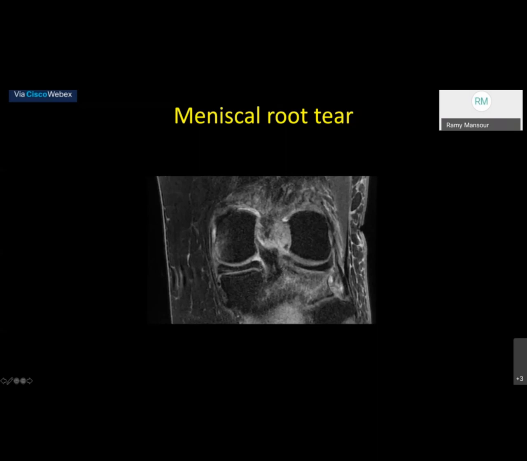You can see this is the root here of the medial, but you cannot see the root of the lateral, because the root of the lateral posterior horn has been torn. So you have to be careful about this type of injury and not miss it, because this patient can present later with instability of the menisci.